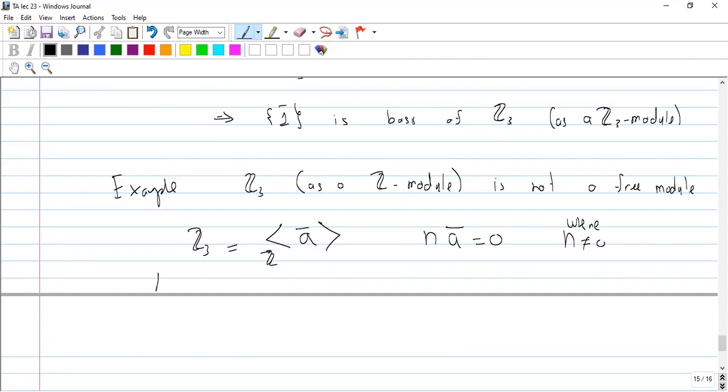So it implies that any generating set is not a linearly independent set. That means that Z3 as a Z module doesn't admit a basis set. Okay.